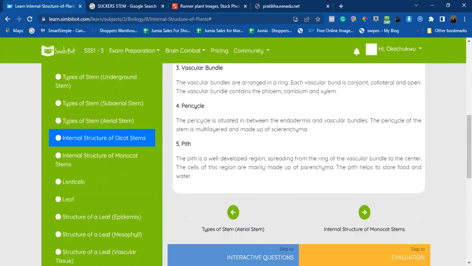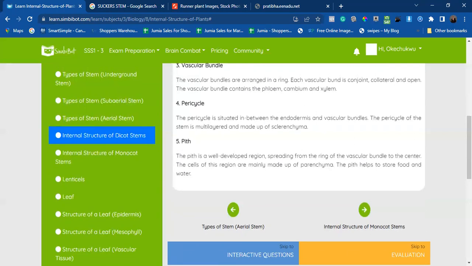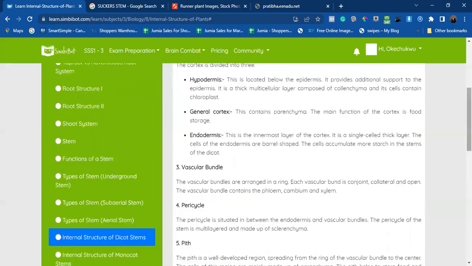We have the pericycle, situated in between the endodermis and the vascular bundle. The pericycle contains the parenchyma. Please take note.